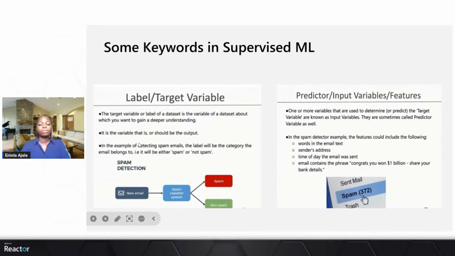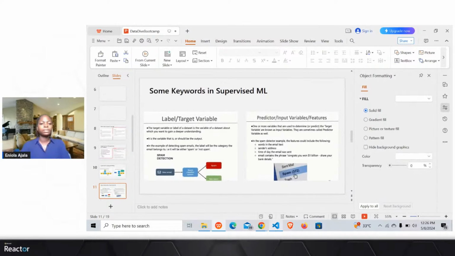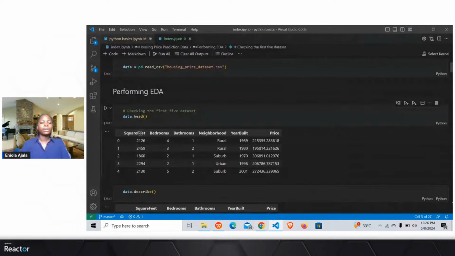Going back to the Visual Studio Code, these variables right here, the square feet, neighborhood, and year built, are all input variables because they work together to predict the price of a house in a particular location.